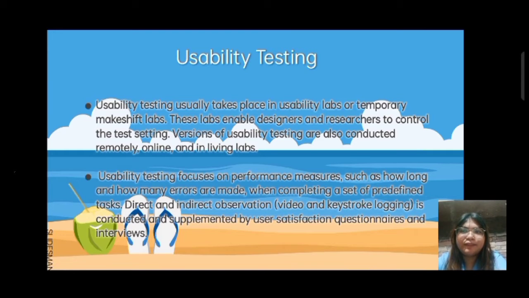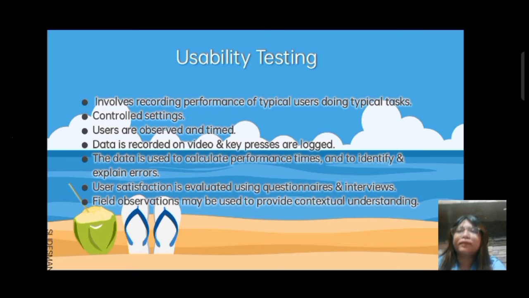Usability testing focuses on performance measures such as how long and how many errors are made when completing a set of predefined tasks. Direct and indirect observation, video, and keystroke logging is conducted and supplemented by user satisfaction questionnaires and interviews.